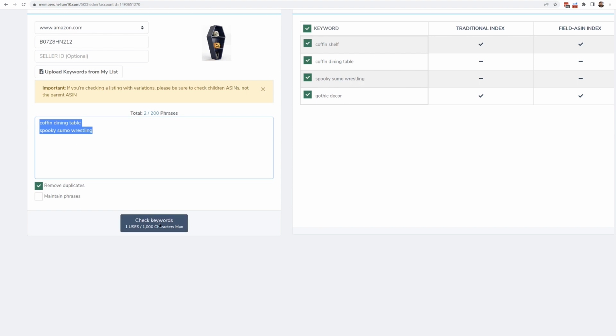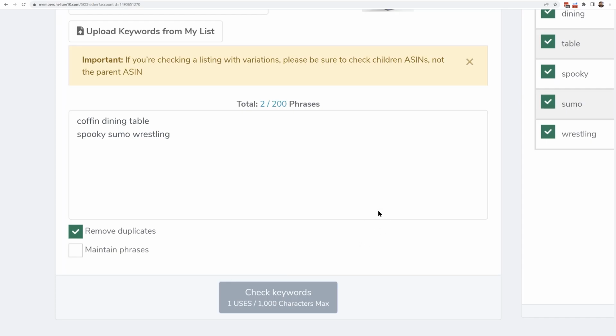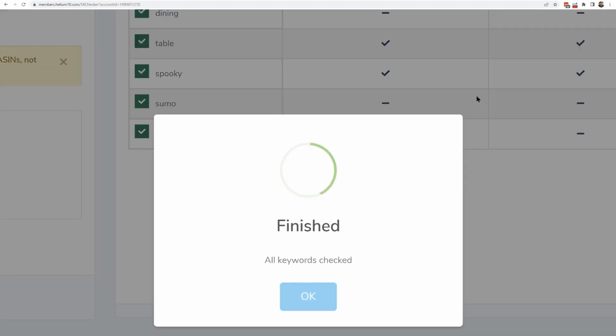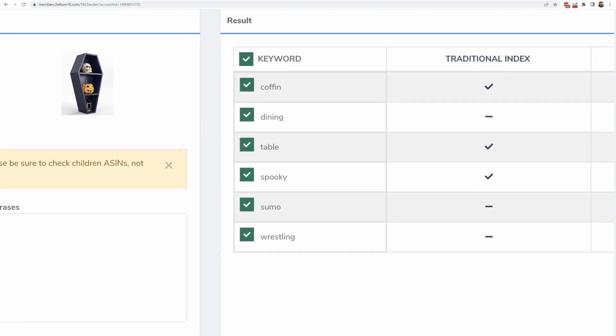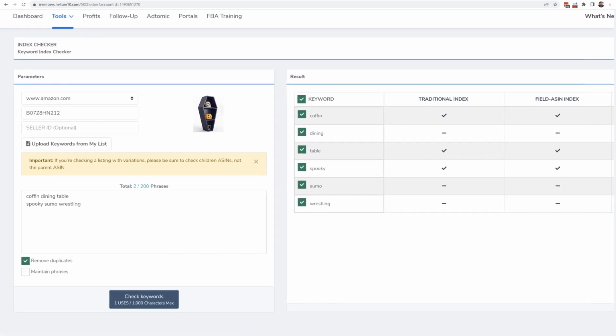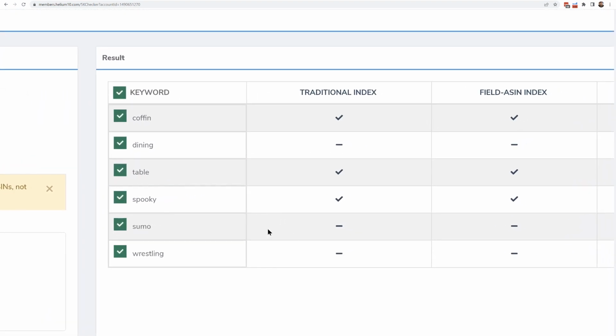Now watch what happens when I hit check keywords. After I click check keywords, you'll notice that it takes those phrases, coffin dining table and spooky sumo wrestling, and makes each one a single word. So it checked word by word. And sure enough, of course, I am indexed for coffin. I'm actually indexed for table, and I'm indexed for spooky.